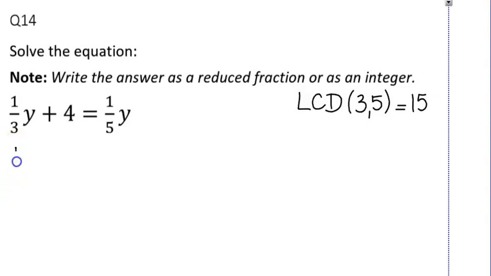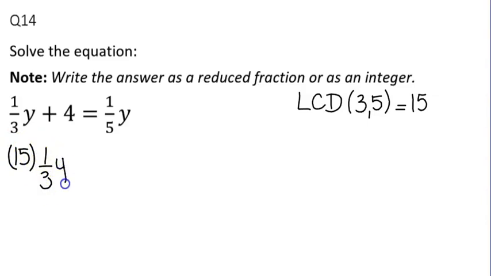So I'm going to multiply 15 times 1/3 of y. I'm going to use 15 and multiply the second term that is 4. And I'm using 15 and multiply 1/5 of y.